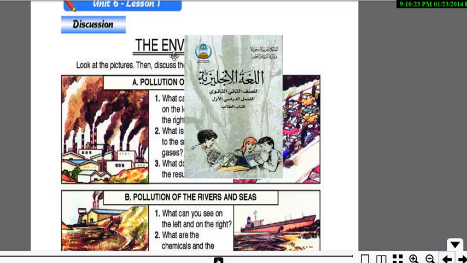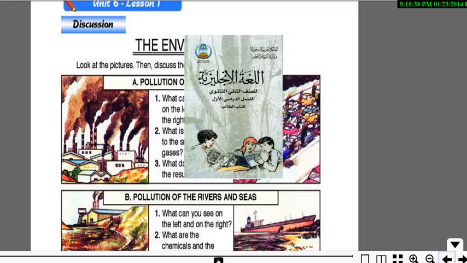So let's go with number 1. What can you see on the left and on the right? Well, I can see some cars here and some factories there, but the common thing between the two pictures is the smoke coming out of both the cars and factories.